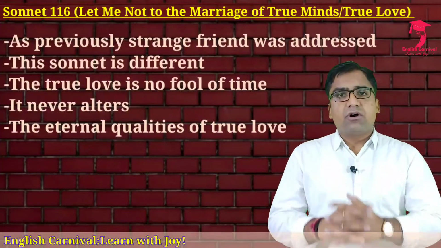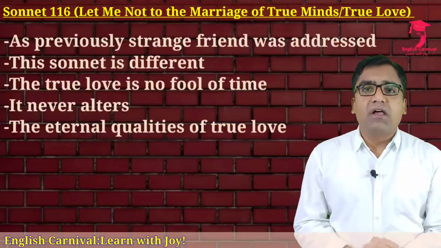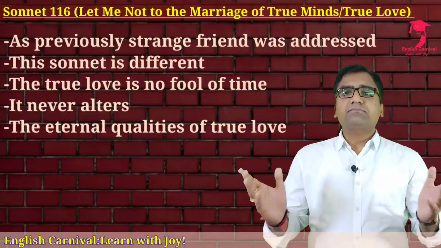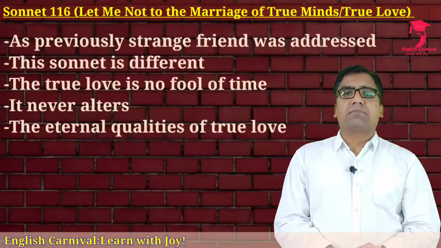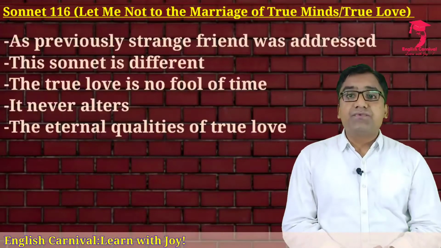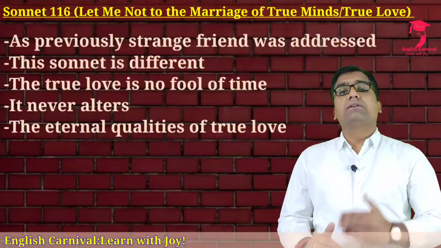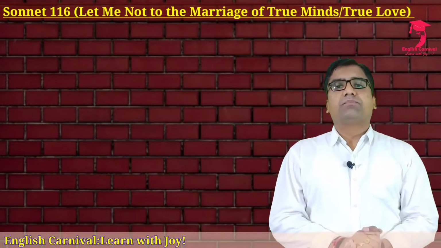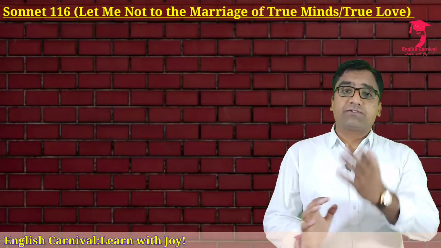This sonnet rightly states that true love is no fool of time and it never alters. In short, William Shakespeare talks about the eternal qualities of true love, which never alter or get changed. So friends, let's explore the poem and see what William Shakespeare says.